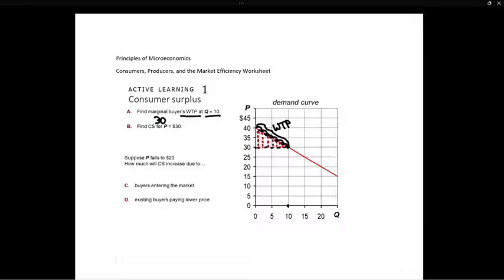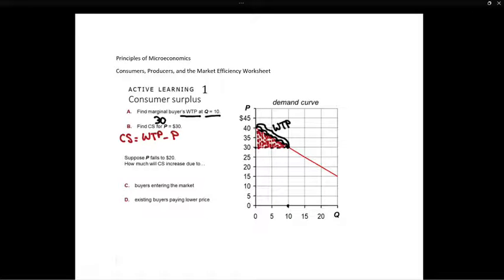So if we add up all the buyers' consumer surpluses, we'll have the total consumer surplus, which is the total area of this triangle. Basically, consumer surplus is the difference between the buyer's willingness to pay and the price they actually pay.